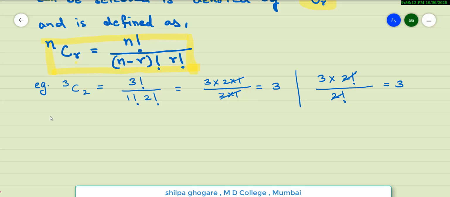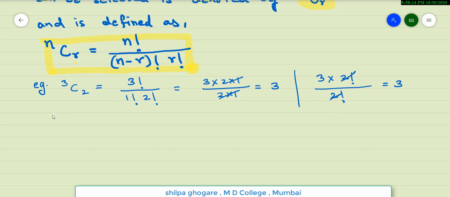Let us see one more example. 5C2. So using the formula it is 5 factorial divided by, you have to do 5 minus 2, that is 3 factorial into 2 factorial.